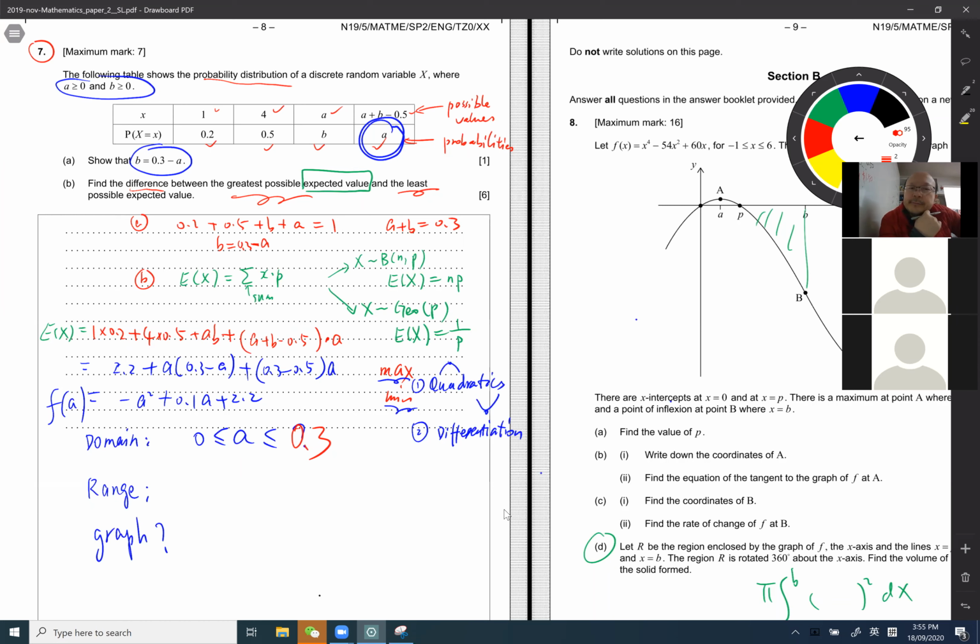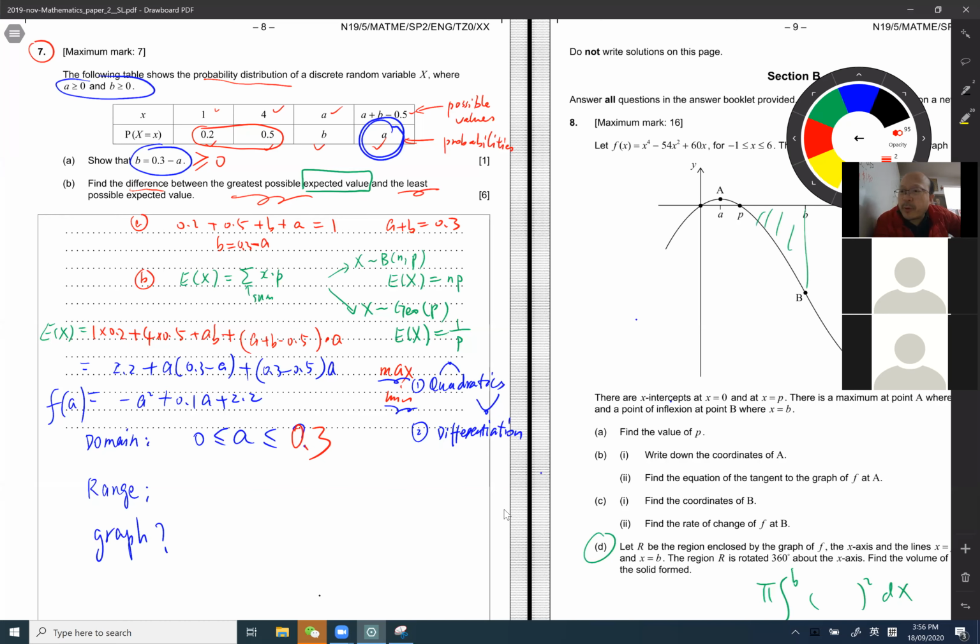Why? Is it because 0.3 is the maximum value? Right, because B needs to be bigger than or equal to 0, so A cannot be larger than 0.3, and these two probabilities are already 0.7. So that's the domain.